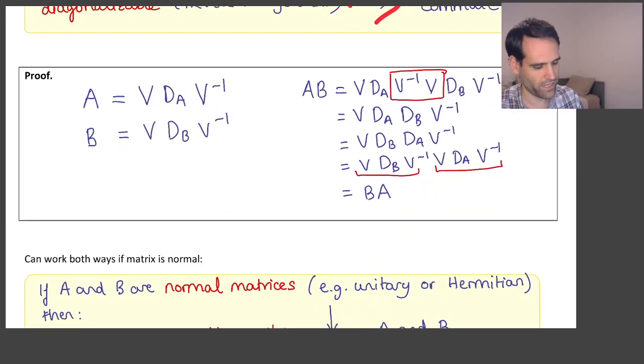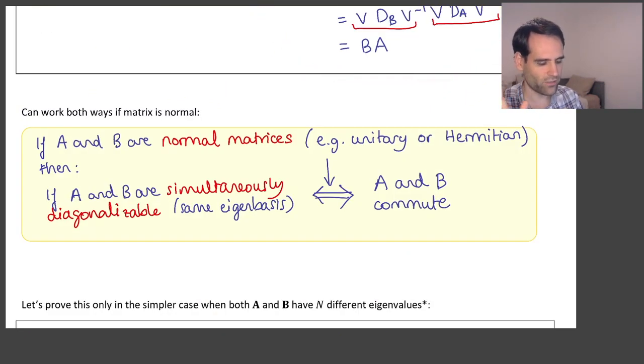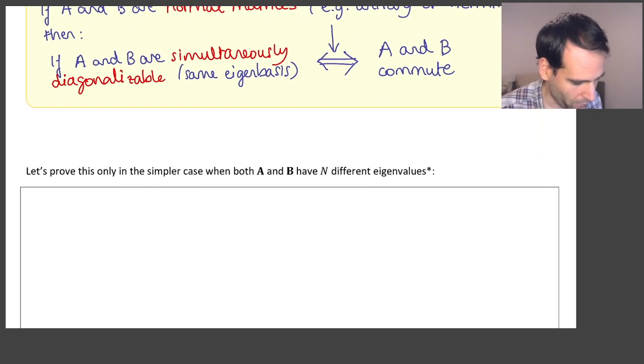We did that proof, right? This was the proof. So this is true regardless of whether they are unitary or Hermitian matrices. It's always true. So this direction is always true. But now the key question is, is this direction true? And we are going to show that it is true when they are normal matrices, okay? And we are also going to assume they have n different eigenvalues.